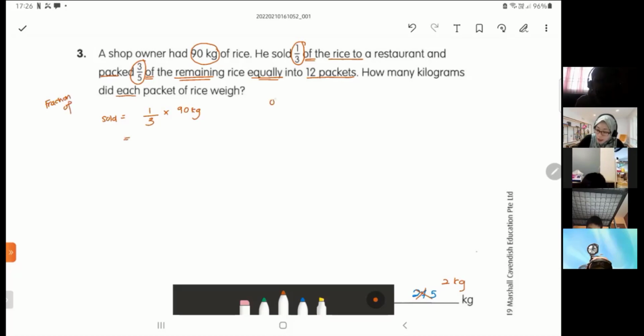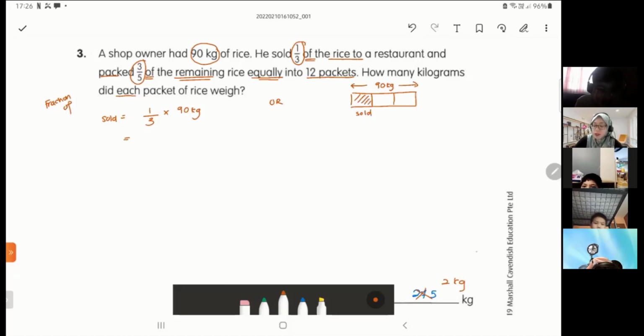Or I can do the model method by drawing out the model, 3 parts, and these 3 parts are my total rice, which is 90 kilograms, and what happened? 1 part was sold, okay?